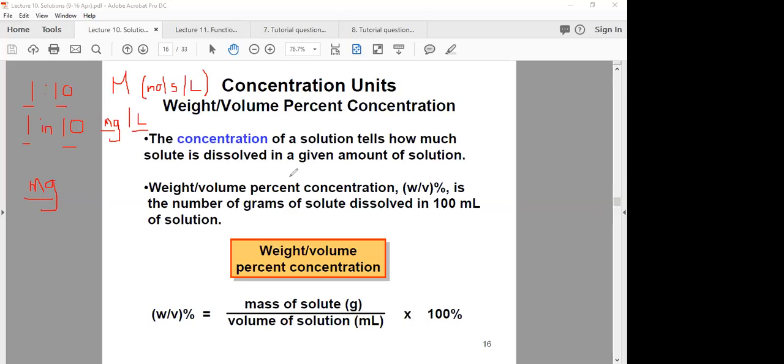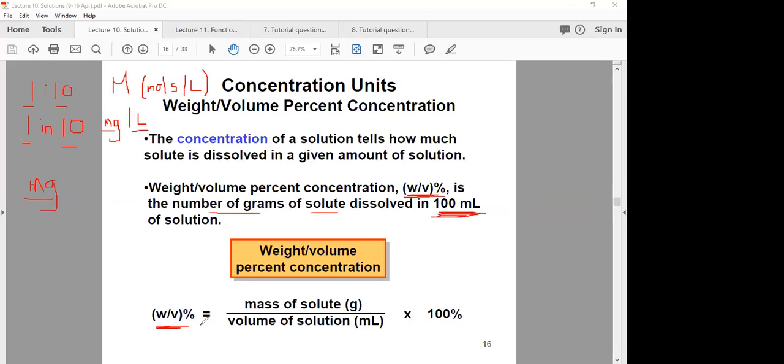All right, a concentration that you're probably familiar with now because of the pracs that you've done is weight per volume percent concentration. So this is simply the number of grams of a solute dissolved in a given volume of solution. Pretty straightforward.